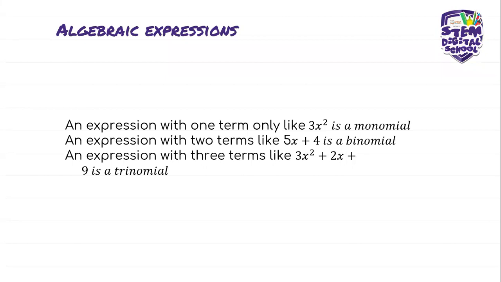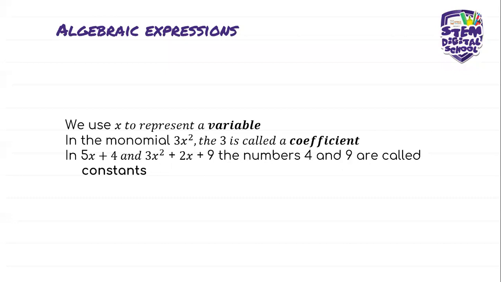So those are some of the expressions that I wanted to talk about. But at the same time, how do we use our variables? We use x to represent a variable. In this monomial 3x squared, you can see we have 3 next to the x squared there.